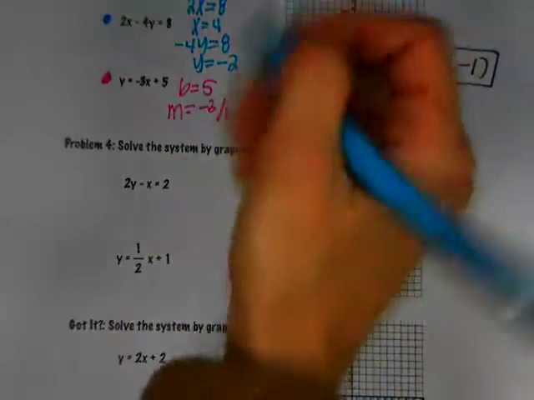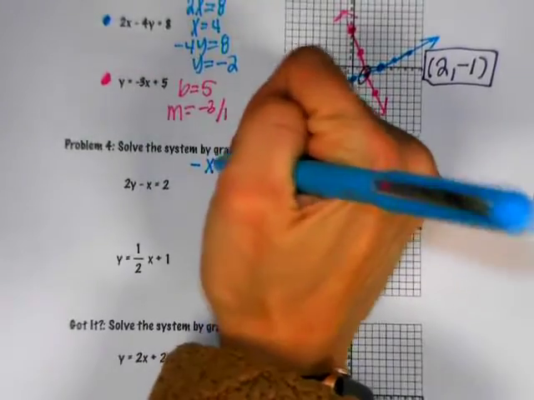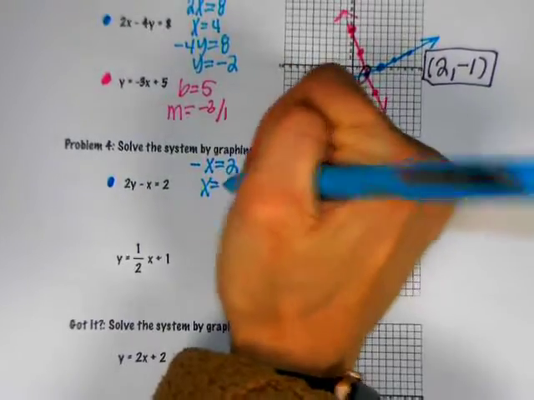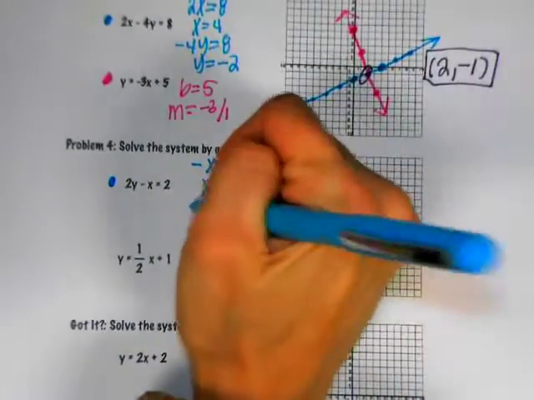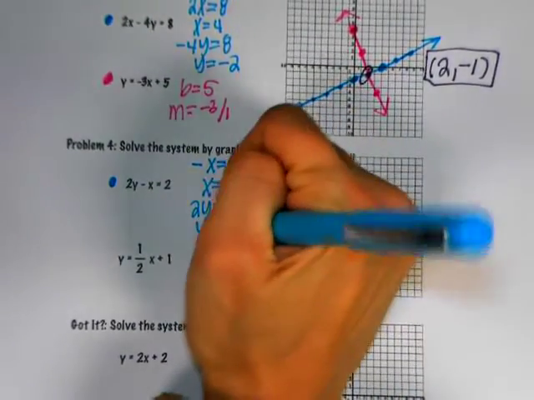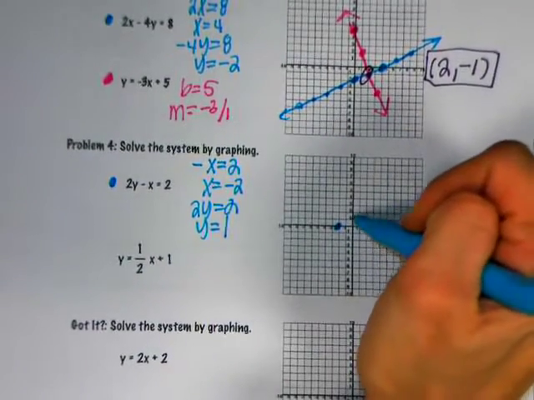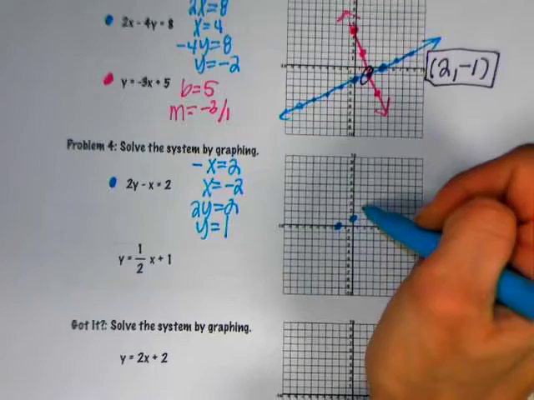So for this one, we have negative x equals 2. So what does x equal? Negative 2. And then we have 2y equals 2. So what does y equal? 1. Up 1 over 2.